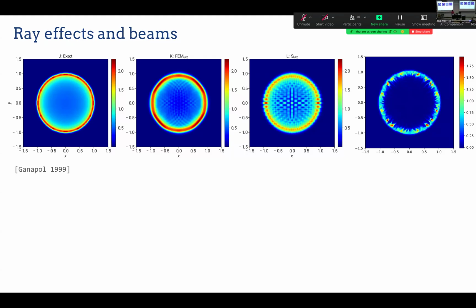So what you should see after t equals 1 is this shell of radiation that is propagating with the speed of light, and the radiation decaying as you go inside. The plot here on the left is just the exact solution.